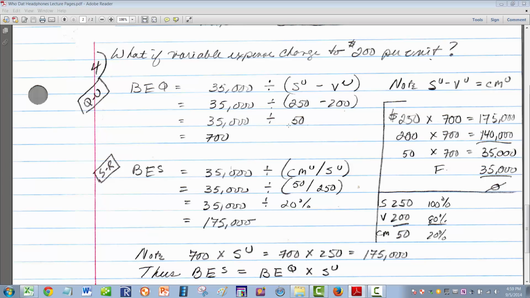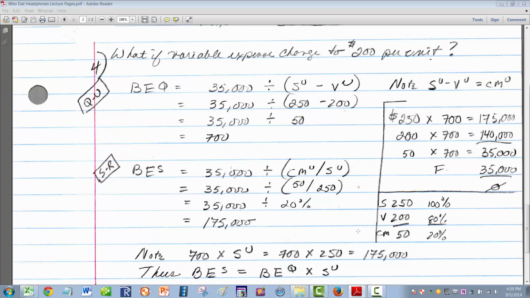So now we can see we have to sell double the amount. We have to sell 700 units in order to break even. For our break-even sales, again, $35,000 in fixed costs divided by the contribution margin ratio. You could calculate the contribution margin per unit divided by the sales price per unit to come up with a new contribution margin ratio, or you could just do it like this over here.